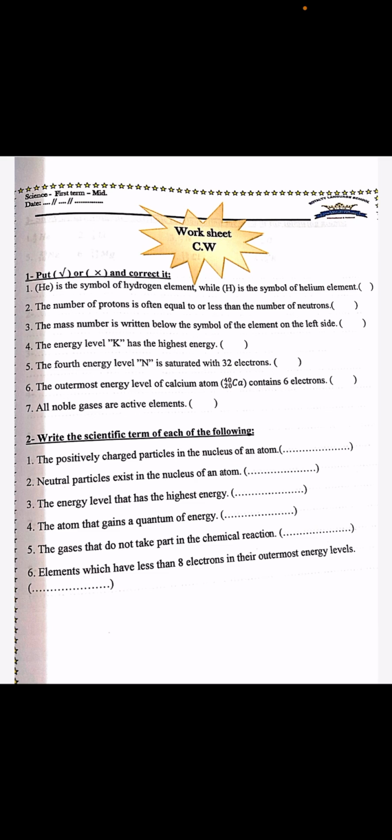Number 2, the number of protons is often equal to or less than the number of neutrons. Right. Number 3, the mass number is written below the symbol of the element on the left side.